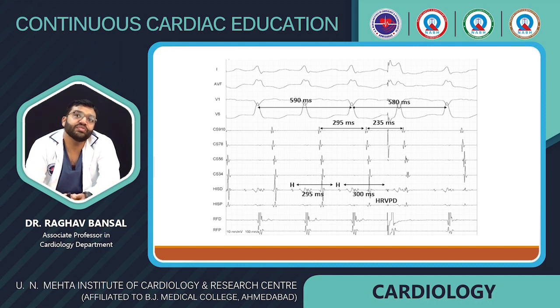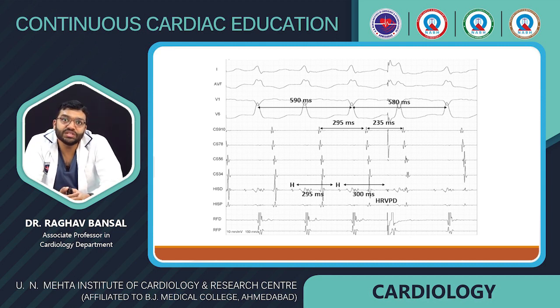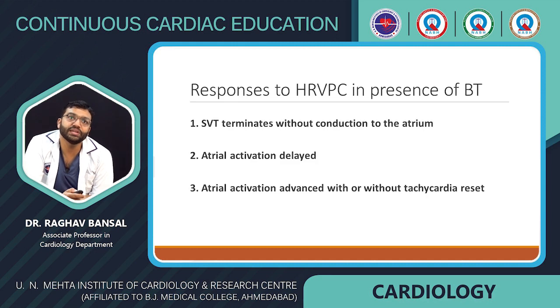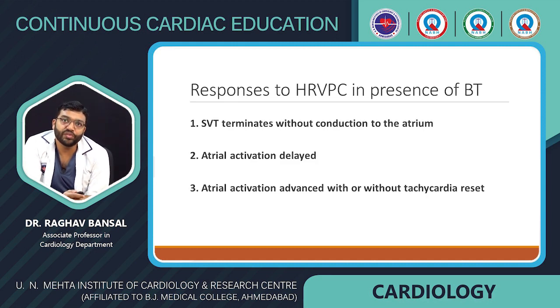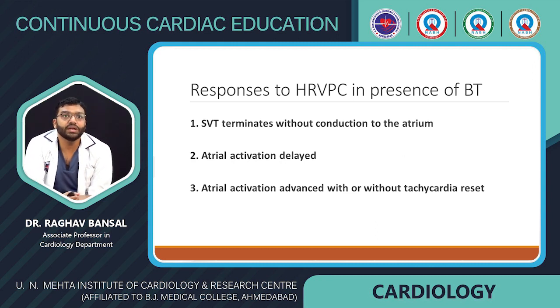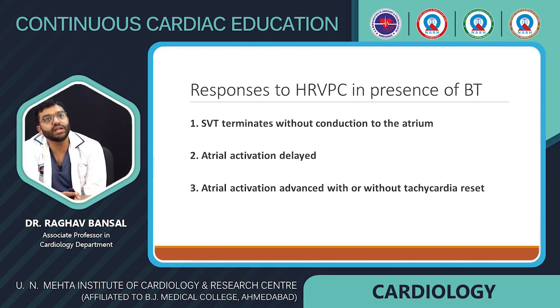So when this His refractory PVC has changed the atrial activation, there has to be the presence of an accessory pathway, and it's a diagnostic maneuver that proves there is an accessory pathway. A His refractory PVC can also terminate a tachycardia without conducting to the atrium, or it may also delay the atrial activation.